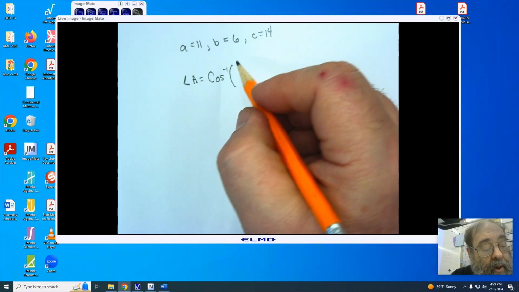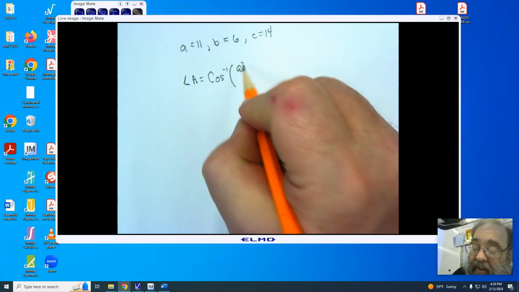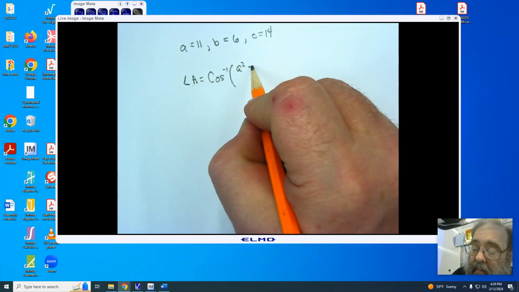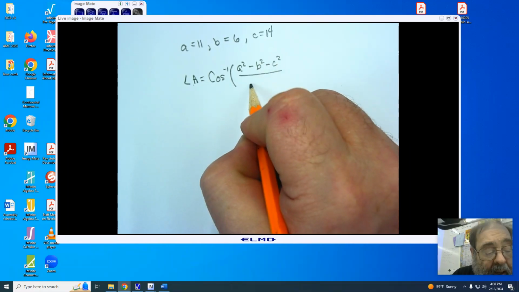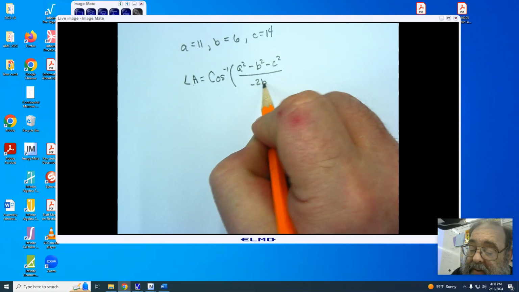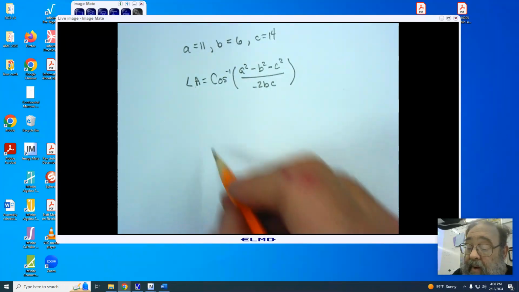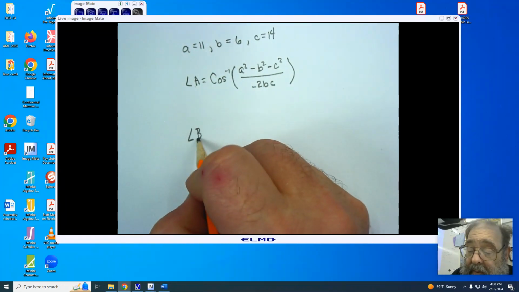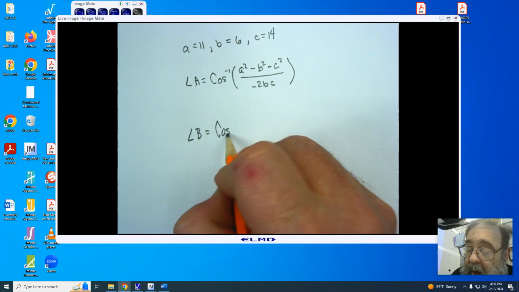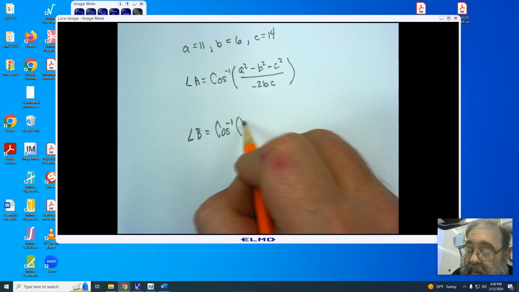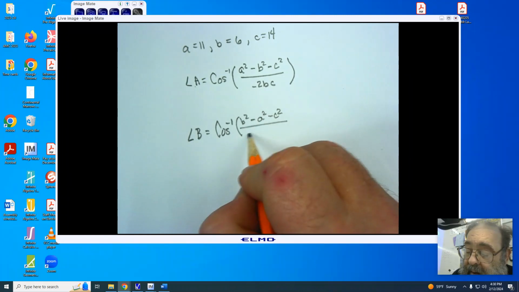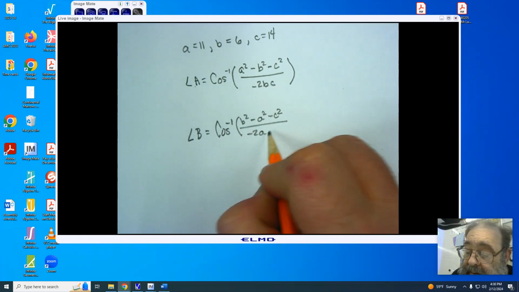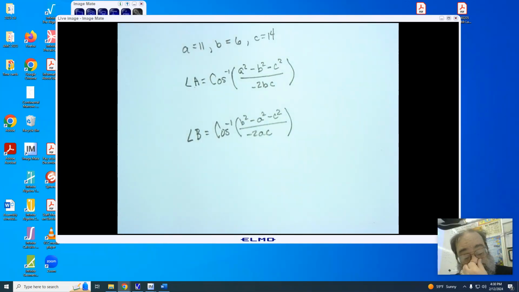We're then going to put our A squared, because that's the angle we're finding, minus B squared minus C squared, divided by our negative 2BC. And then I'm going to have to find angle B, or angle C. Arc cosine, B squared minus A squared minus C squared, divided by negative 2AC, the quantity.